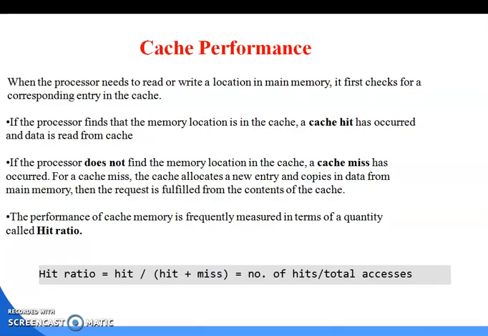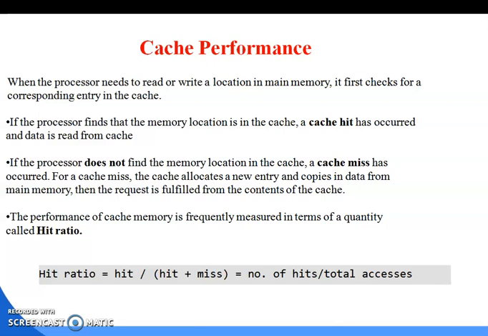Next is cache performance. When the processor needs to read or write a location in main memory, it first checks for a corresponding entry in the cache. If the processor finds that the memory location is in the cache, a cache hit has occurred and data is read from the cache.